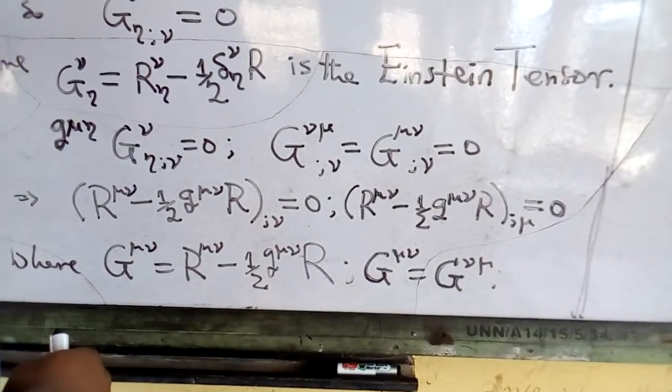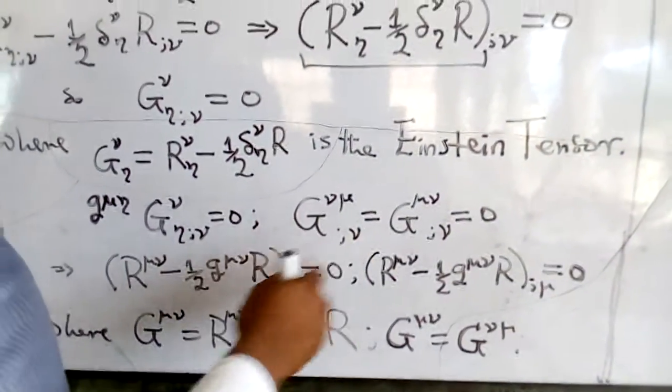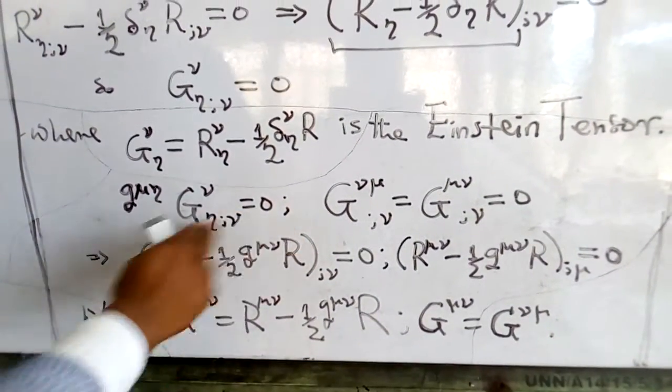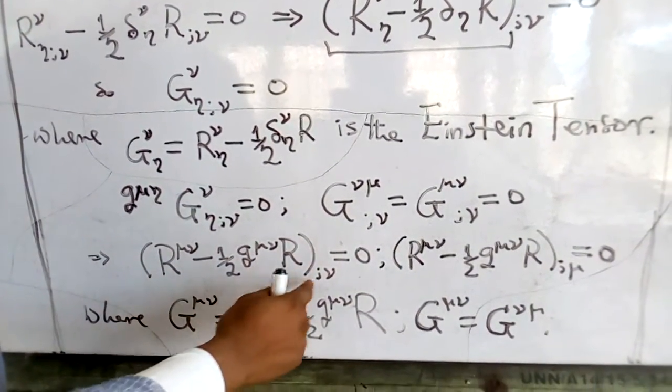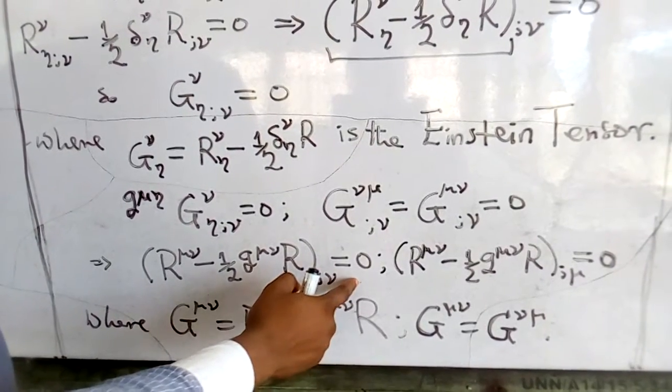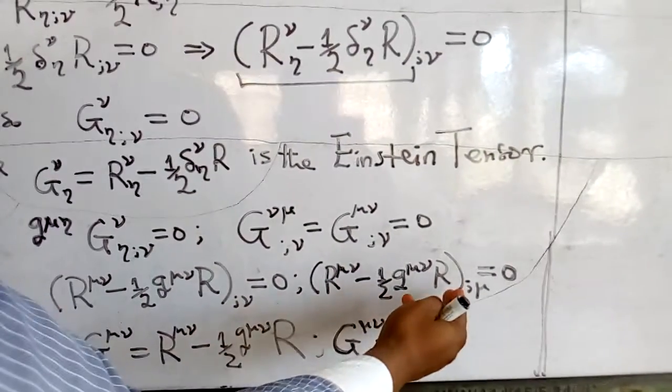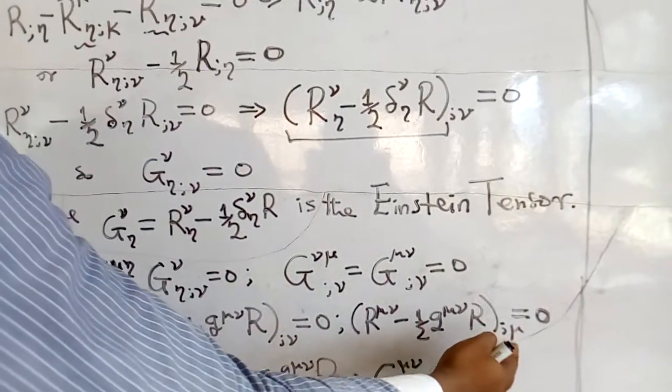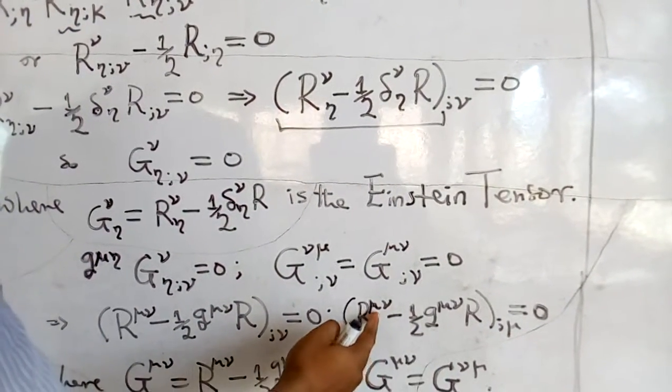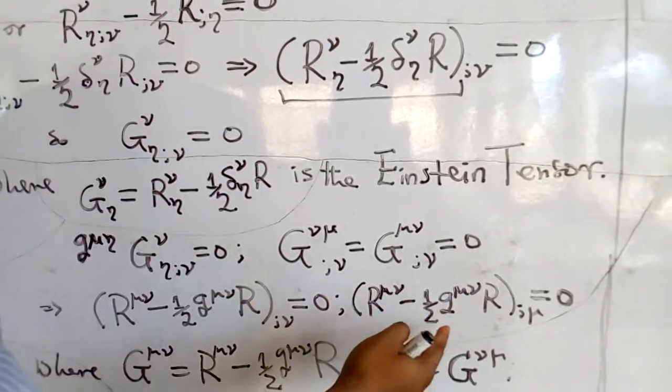So like we were saying before, this expression, covariant derivative with respect to x nu is equal to 0. It's also true when it is a covariant derivative with respect to x mu, so long as it's one of the indices in this bracket.